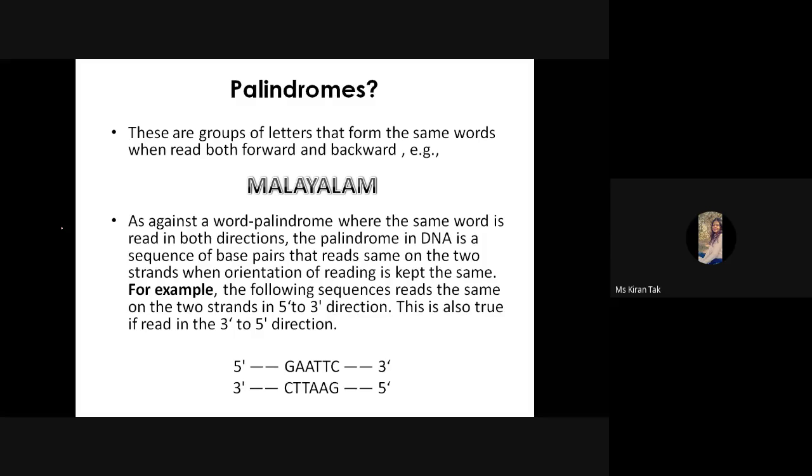If we read the template and its complementary sequence in the 5 prime to 3 prime direction, in both cases it is GAATTC only. It is also true if read in the 3 prime to 5 prime direction, like CTTAAG in both cases.